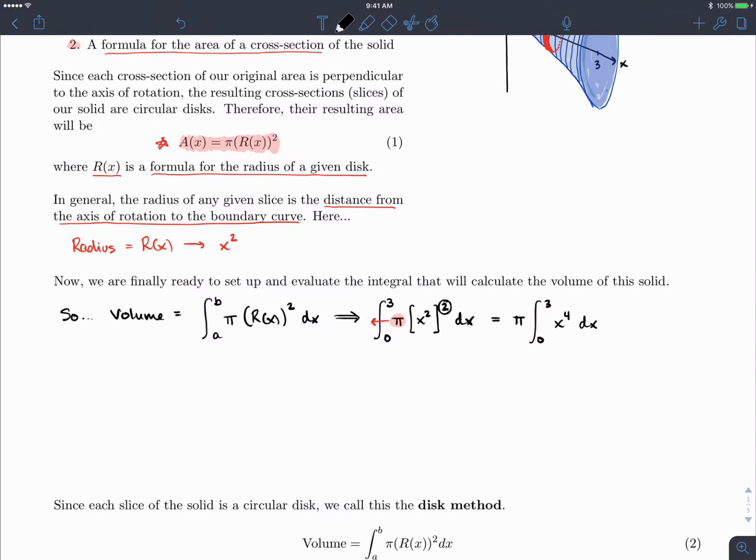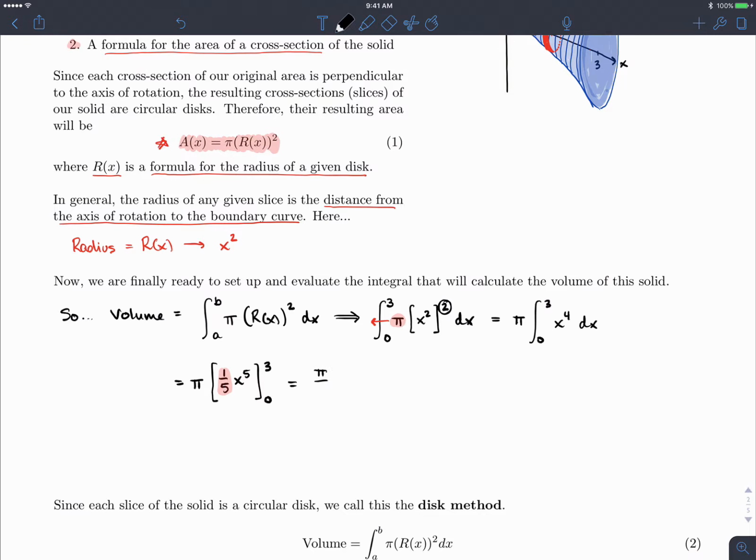Now this is something that we can very easily integrate using our antiderivative rules, so let's go ahead and do that. Now that we've got this all set up, we can calculate our volume. So we will leave that pi out front. The antiderivative of x to the 4th is 1/5 x to the 5th, which we evaluate from 0 to 3. Again, constant multiples can be obnoxious, so I'm going to take that 1/5 and move it out as well.